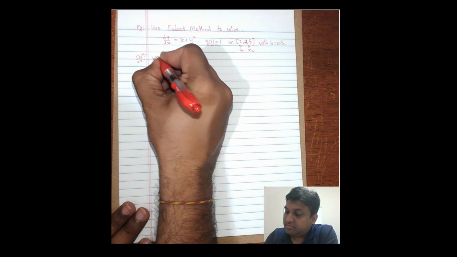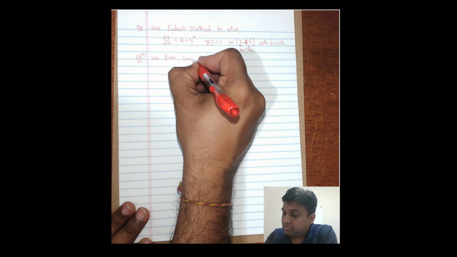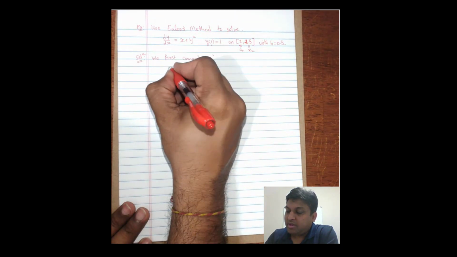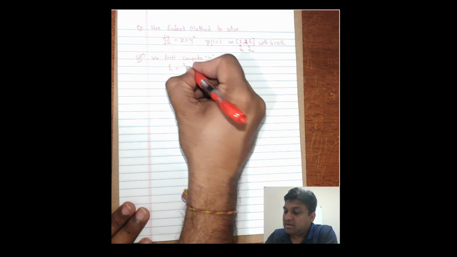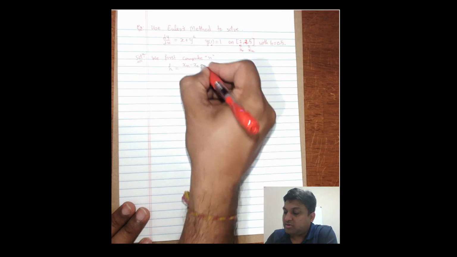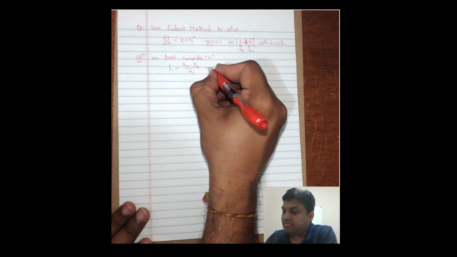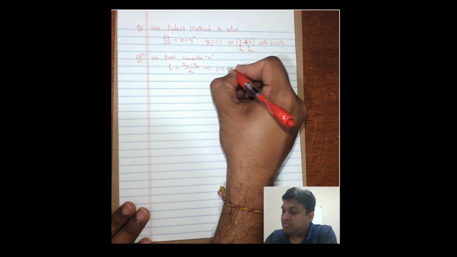So, let's do that. We first compute n. Remember, h and n are related like this. h is xn minus x0 divided by n. Throw the values in. h is 0.5.